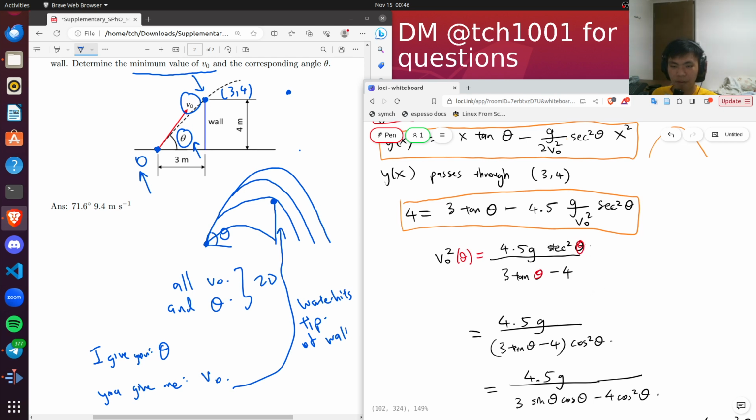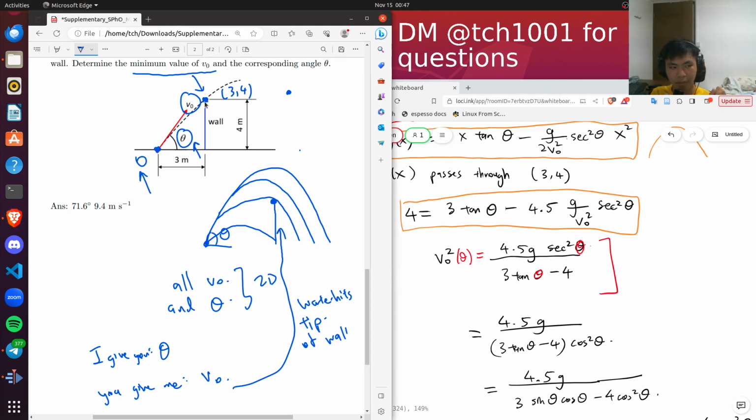So if I give you a theta, what the equation here is saying is that you will produce for me a v naught squared, the initial velocity squared, such that if I project it with v naught at angle theta, it will pass through the tip of the wall.